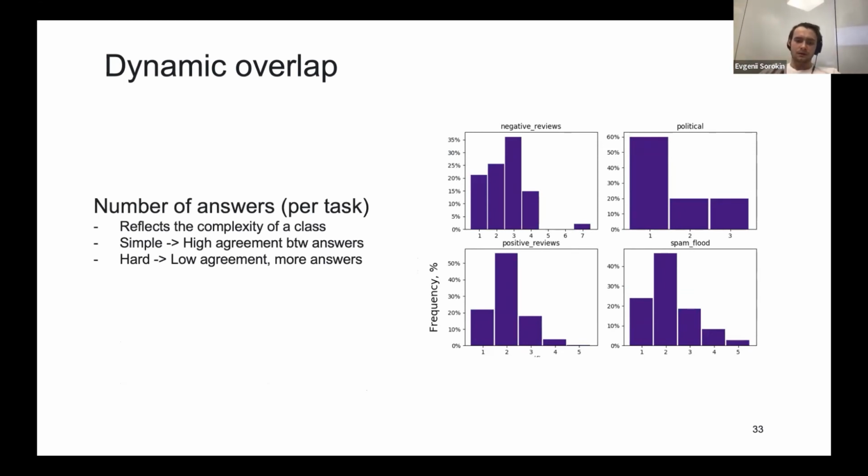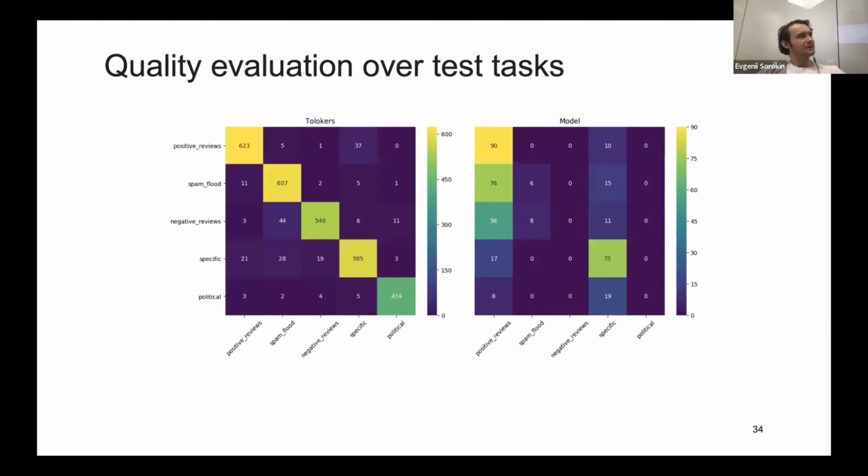If the task has a more complex example present, the more answers you would need to obtain agreement between those. Here you can see as well the quality evaluation between test tasks, between Tolokers and the model. Okay, that is not very interesting. Let's continue.